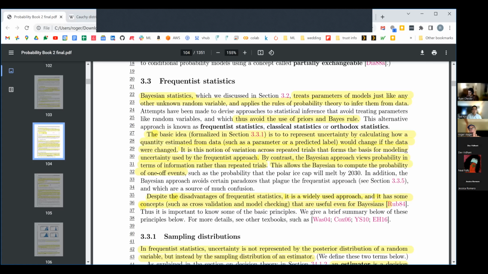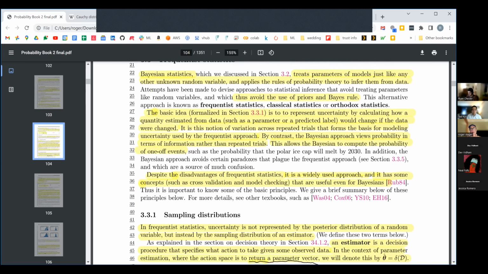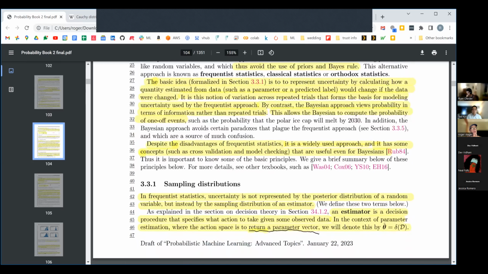By contrast, the Bayesian approach views probability in terms of information rather than repeated trials. This allows the Bayesian to compute the probability of one-off events. I don't know that the one-off is the critical part of it, but you get a better way to capture the uncertainty about the parameters, the unknowns associated with the parameters.